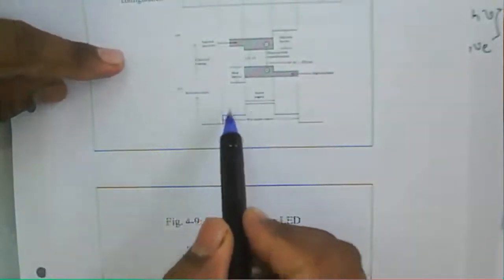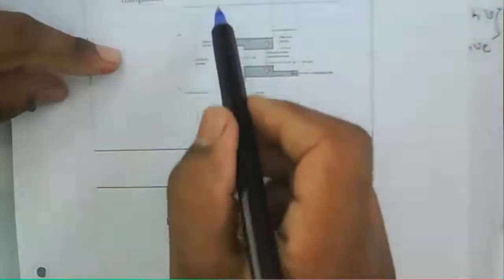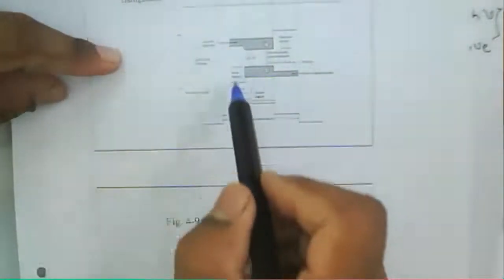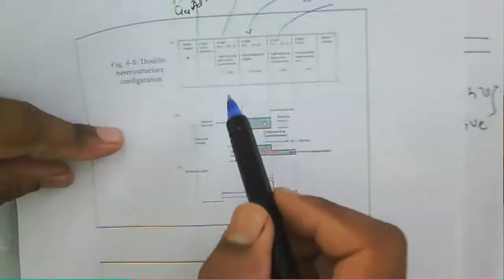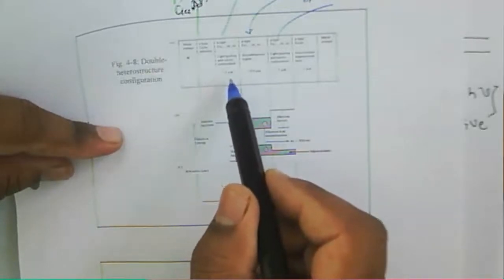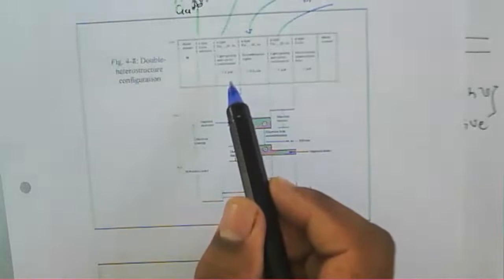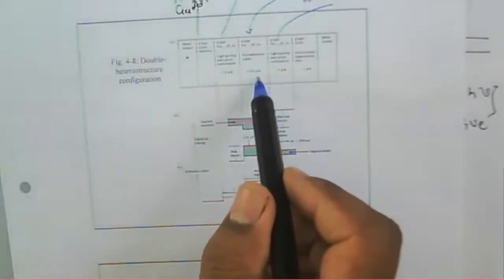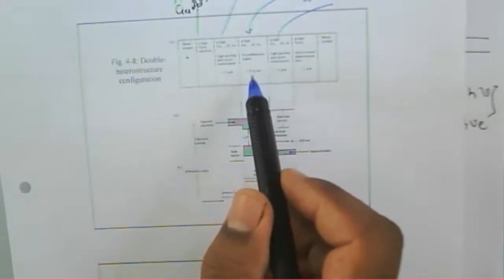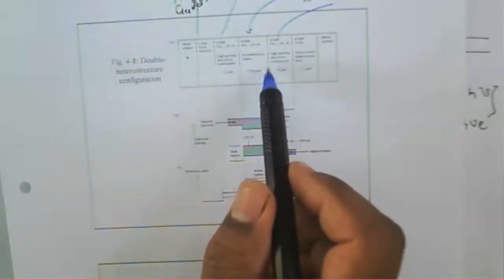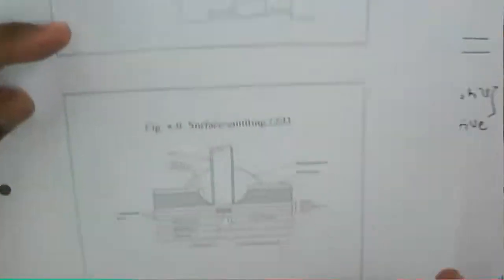In the case of the refractive index, the different regions have different values. The guiding material has a low refractive index, and the active region has the high refractive index. So whichever light is emitted from this particular region will not propagate in that region. That's why it will be radiated.